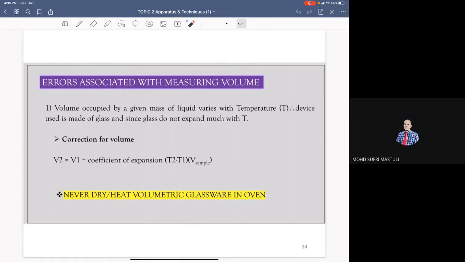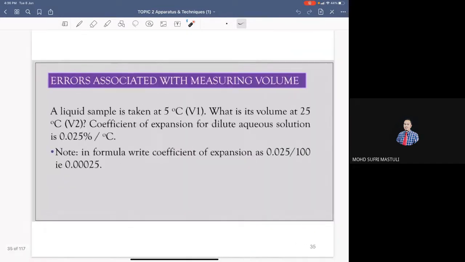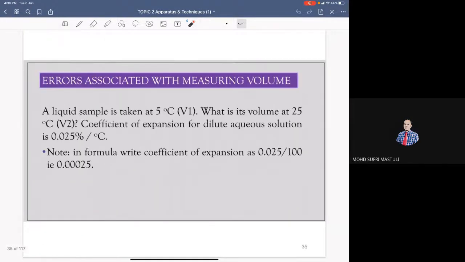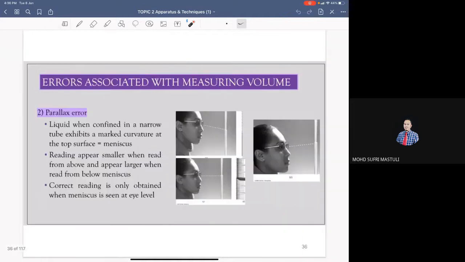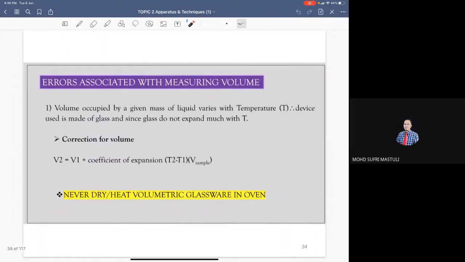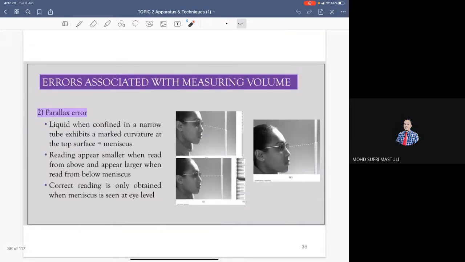It also has error, but we do not focus on correcting the volume of the volumetric flask. We focus more on the parallax error.